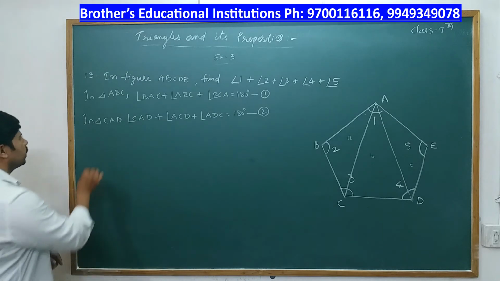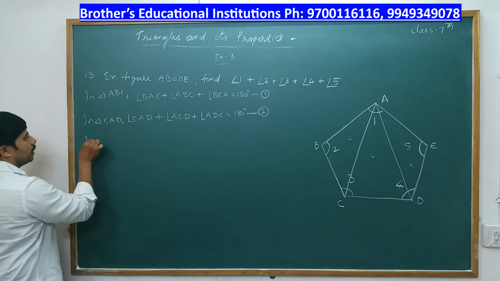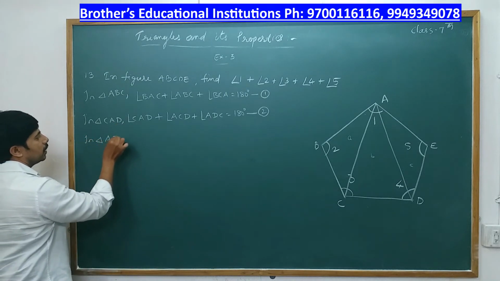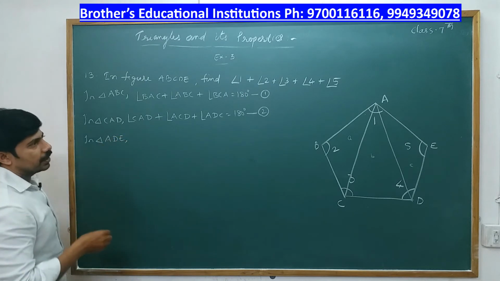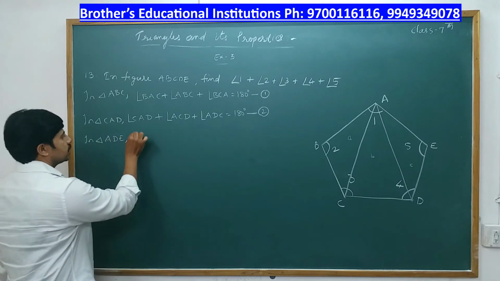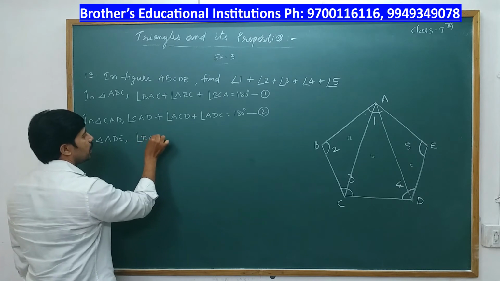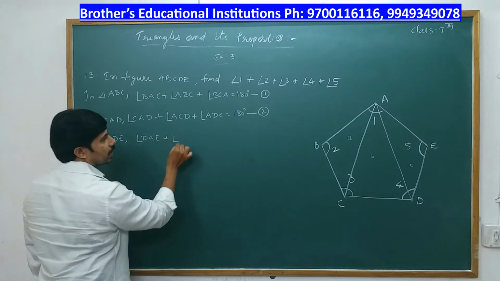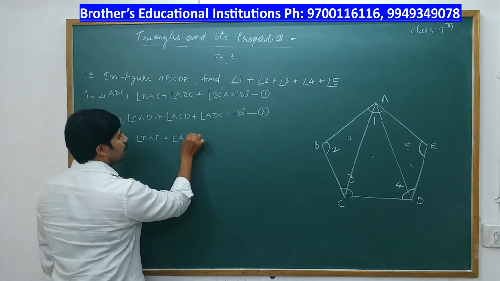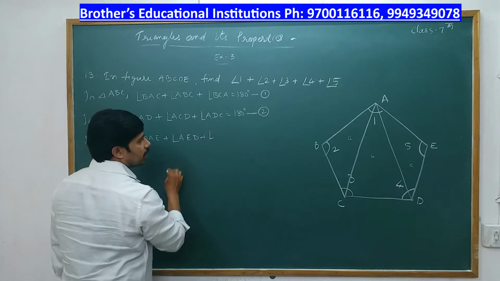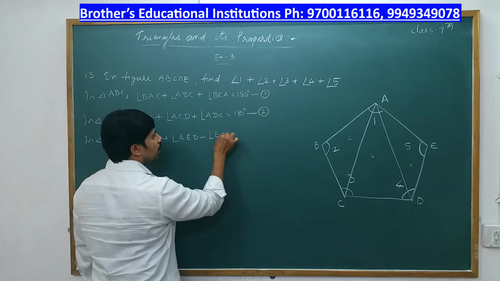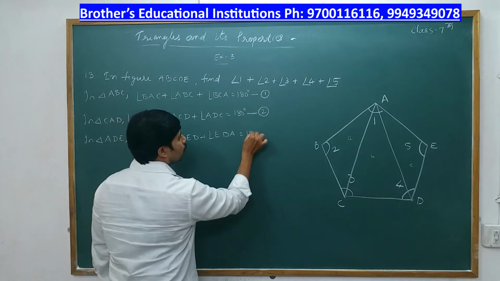In triangle ADE, first we represent A, that is angle DAE, plus angle AED, plus angle EDA, is equal to 180 degrees.